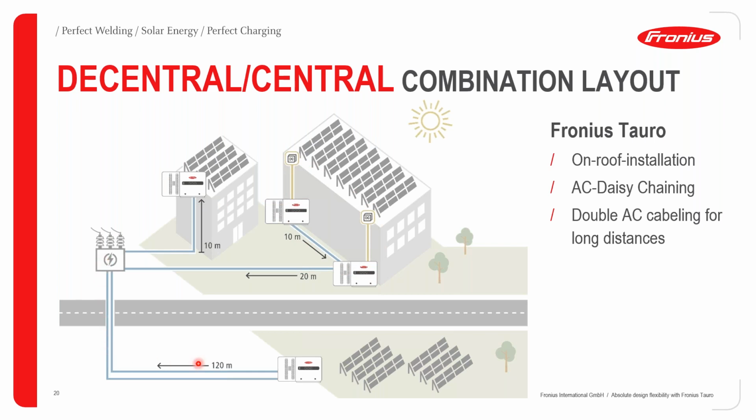And also at the other side of the street, we would have a free field installation here where we use a direct version with the AC-DC chaining option to run a very long distance here to the main distribution point. And as we can see, it's a variety of layouts that we can do here with the Fronius Tauro, pre-combined and direct.